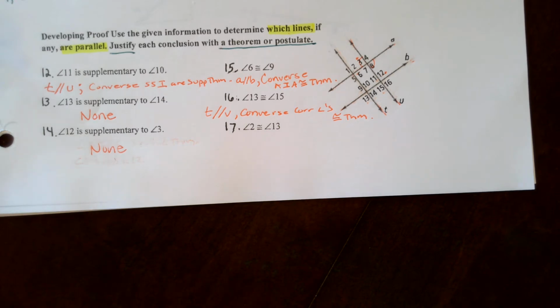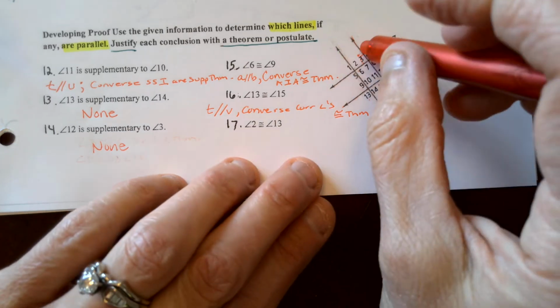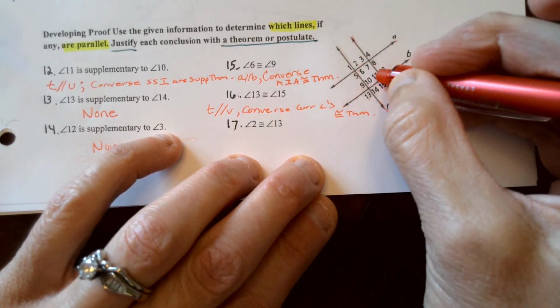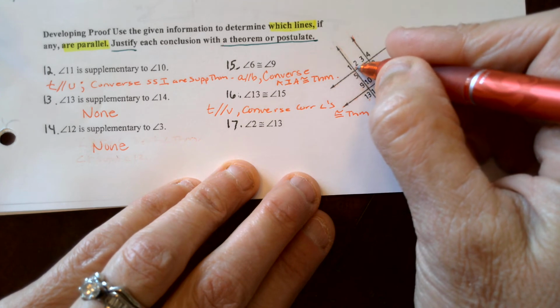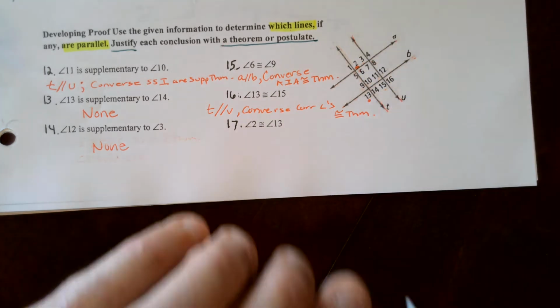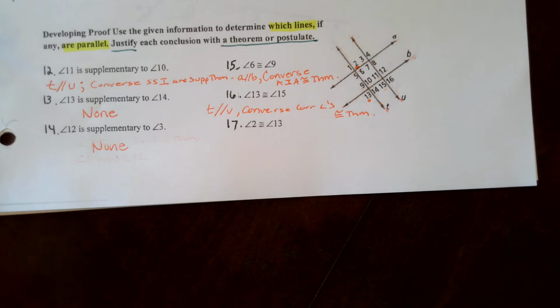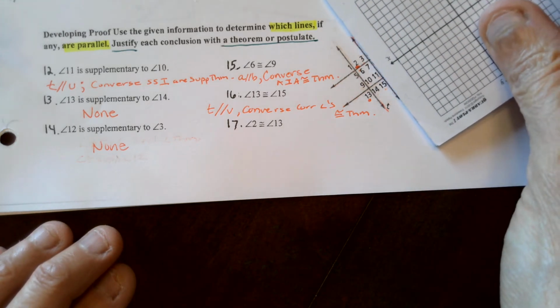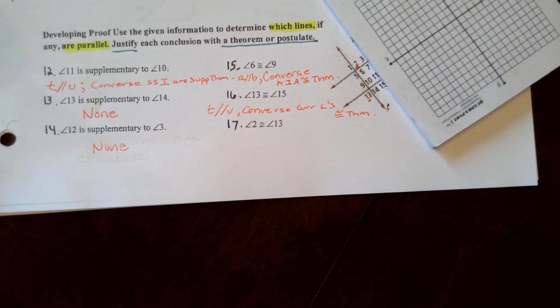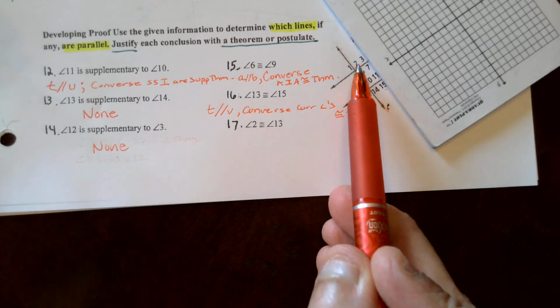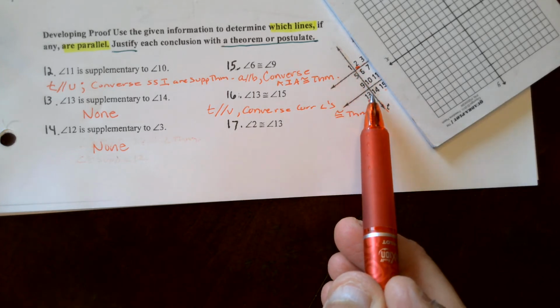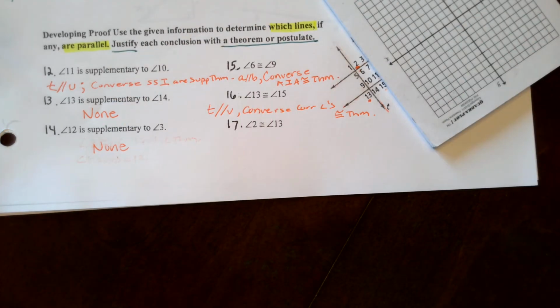All right, and 17, 2 and 13. What are those? Are those any types of angles? How about if I cover up this side over here? What if I cover up with my little notepad here this? You see them now? They are alternate exterior angles. We talked about those up on the top.